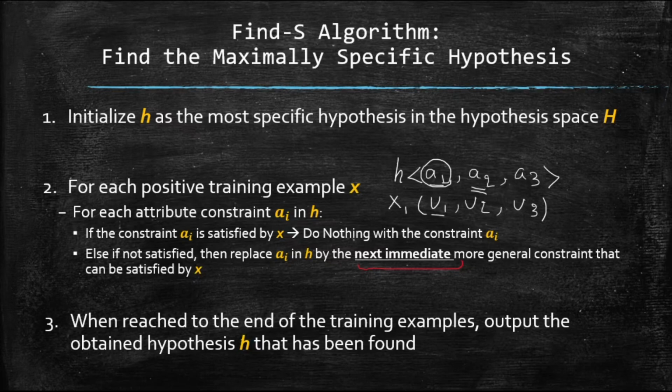All the positive training examples, remember, this is a key thing here. We go through positive training examples. And then when we reach the end of the training examples, we output the hypothesis H that we have learned by the time we have reached the end of our training set.